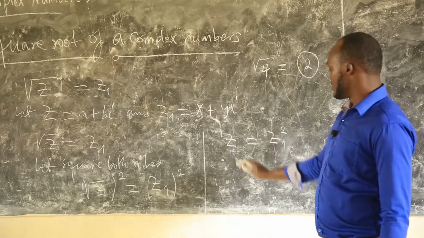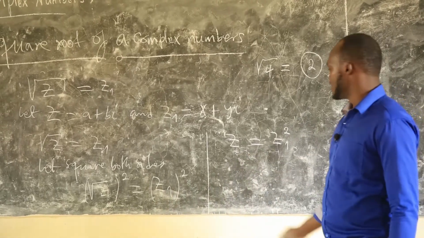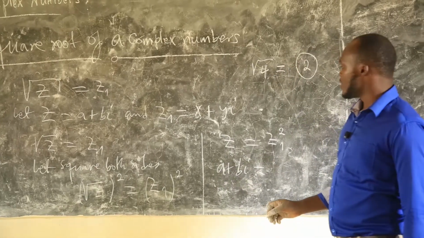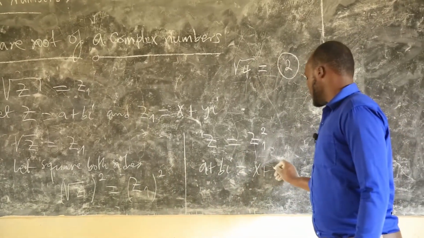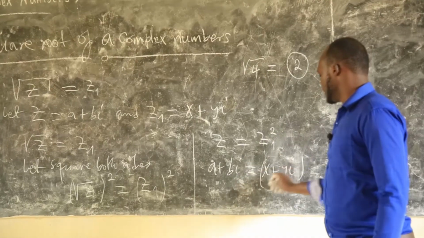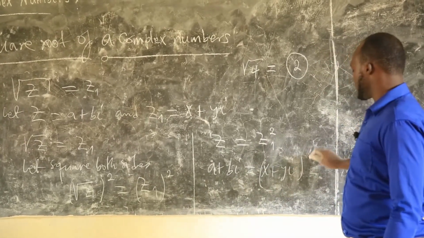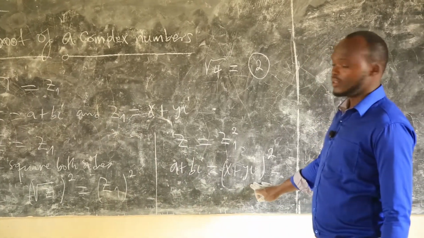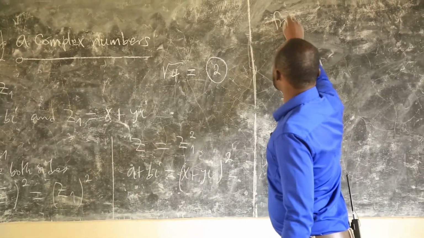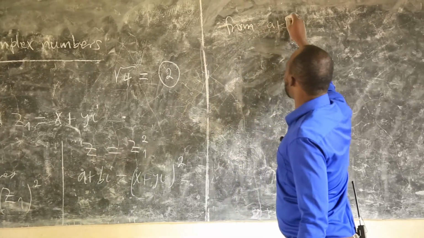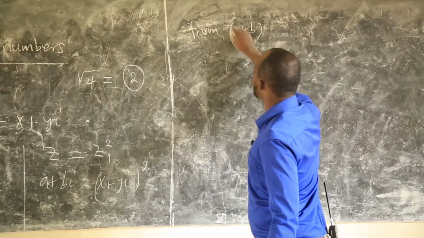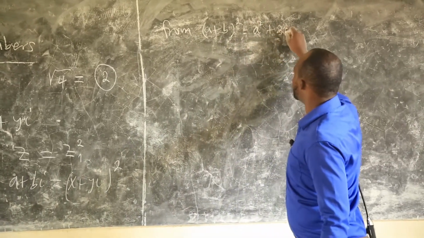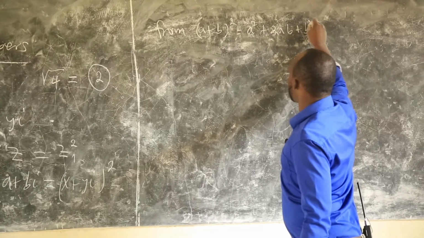What is z? This is equality of complex numbers. Our z is a plus bi. So now what is our z1? X plus yi squared. That's what we're going to use. So now we're going to expand this one. You know that when you have a plus b squared, the answer is a squared plus 2ab plus b squared. I hope you know this one.